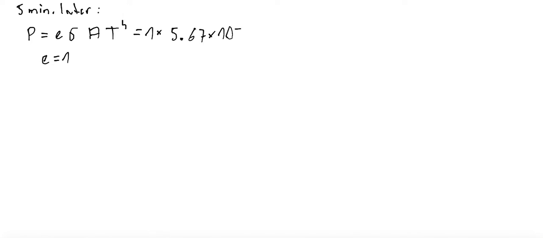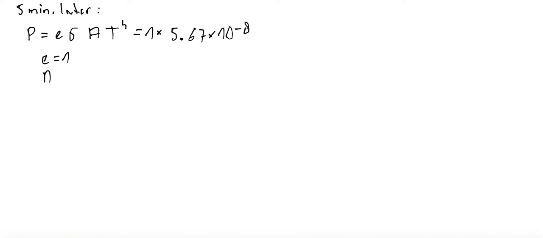I hope you have something. You have to use this equation, where emissivity is equal to 1, because a black body has emissivity equal to 1. This constant is 5.67 times 10 to the power of minus 8.